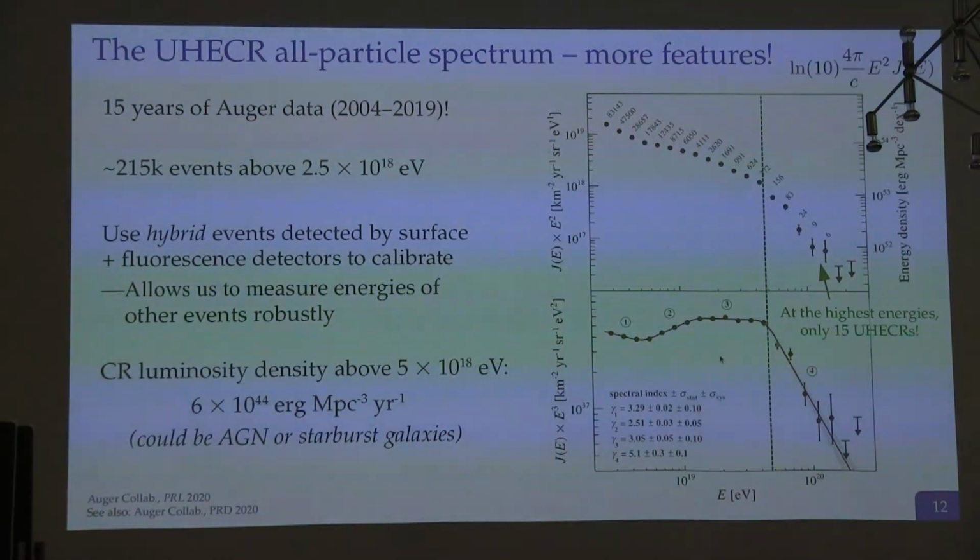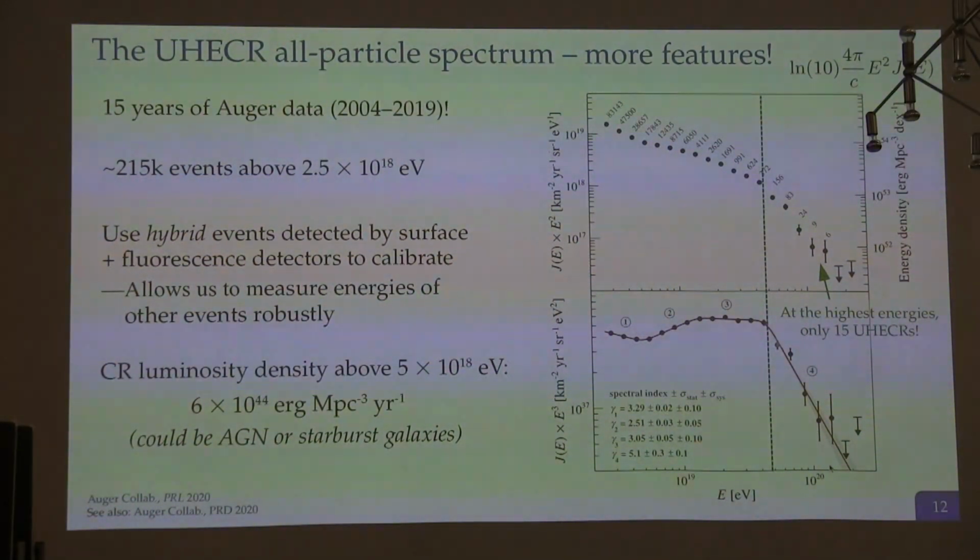Then it can actually measure more than just a knee, a second knee, and an ankle. And what I want you to focus on is the bottom panel here. Each one of these numbers signals a feature in the otherwise featureless power law. So it starts like a power law, then it kinks, and then it kinks again, and then it kinks again, and we have the flux suppression, the GZK cutoff, supposedly.